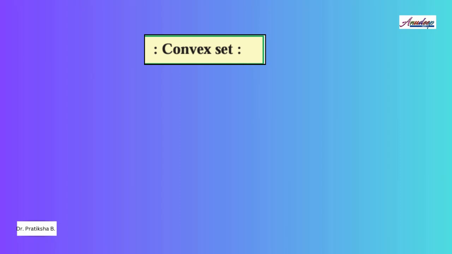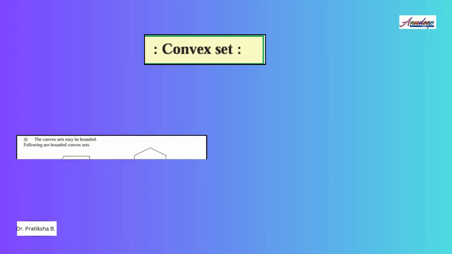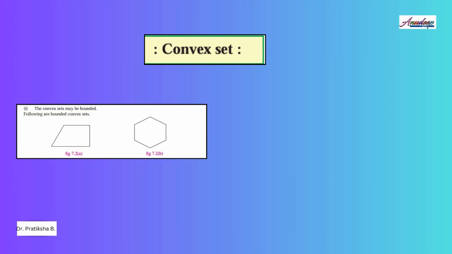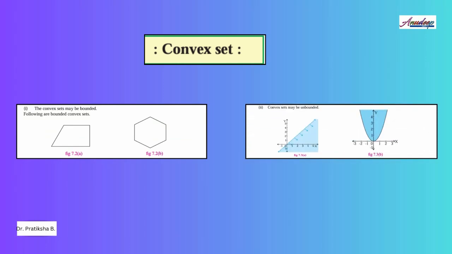Finding out the convex set for the given problem, you may come across a solution where the convex set may be bounded, as you can see in figure 7.2a and 7.2b, and it can also be unbounded as shown in figure 7.3a and 7.3b.